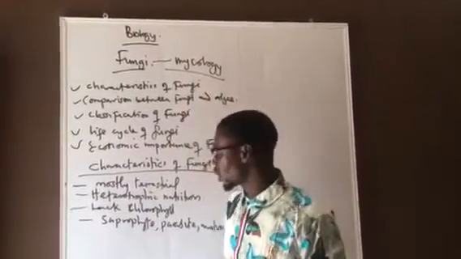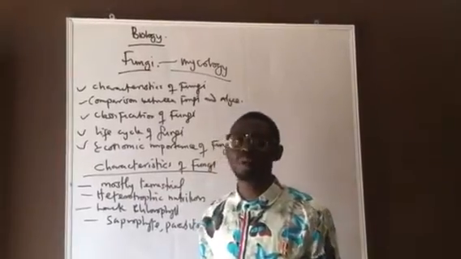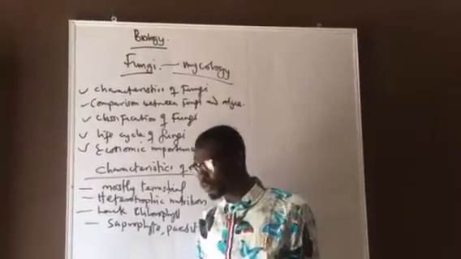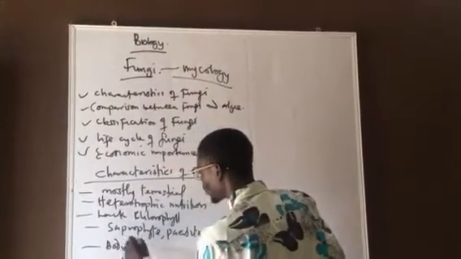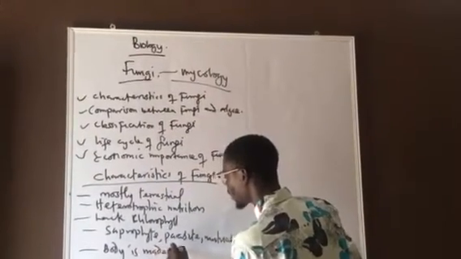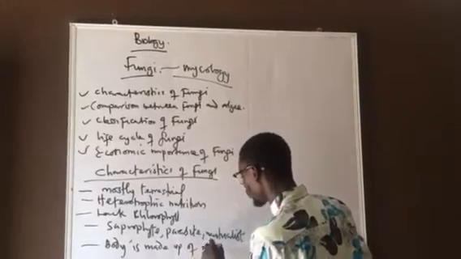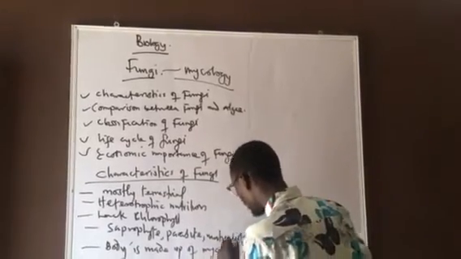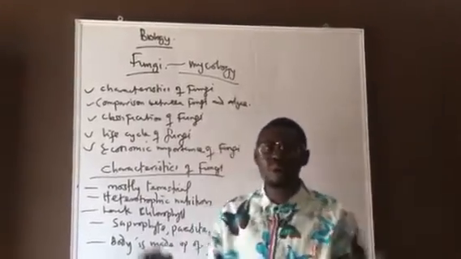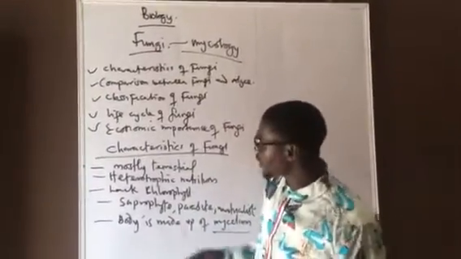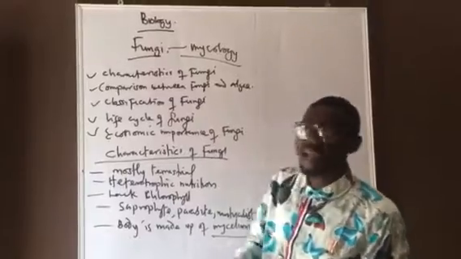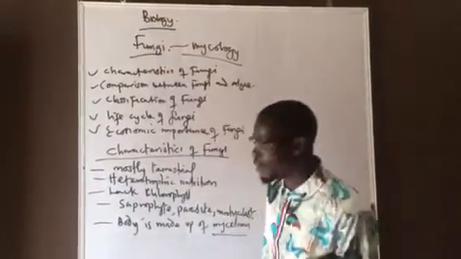Then the body structure, the morphology of fungi. The body is made up of mycelium, the overall way the body of fungi is planned. This mycelium consists of fine filaments called hyphae.